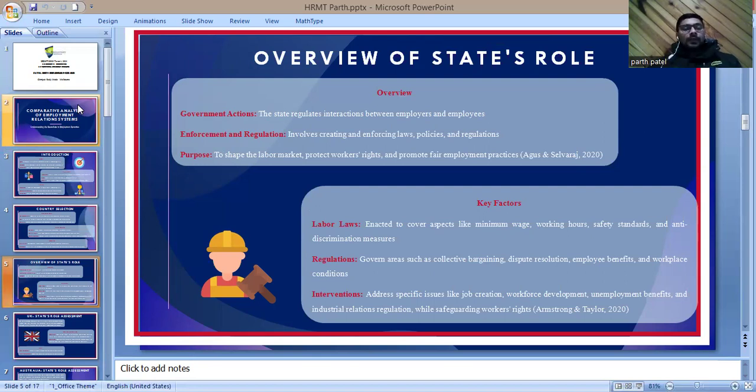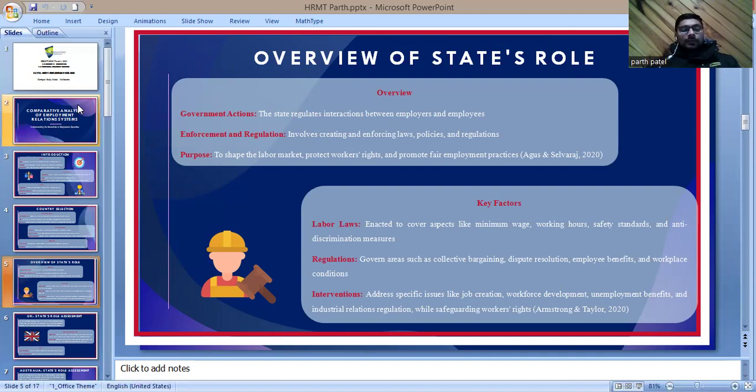There are some factors within the state role. The first is labor law. They enforce labor law, which covers wages, working time, as well as employee health and safety standards and anti-discrimination measures. Second, regulations.